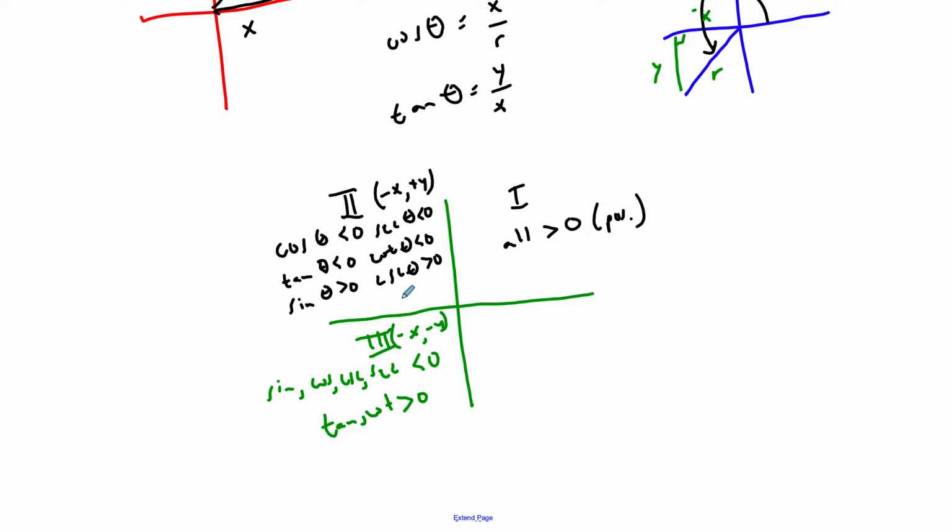So for instance, if someone tells you they're looking at something where the tangent is equal to 5, let's say, then you know that you're either in quadrant 1 or 3, because they're positive values.